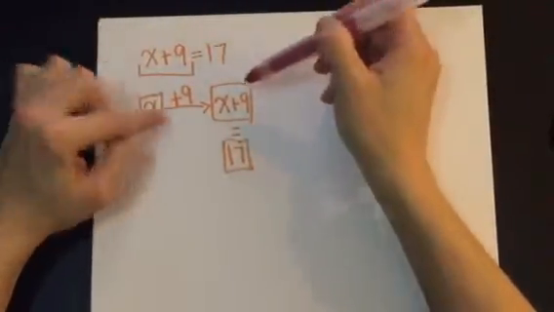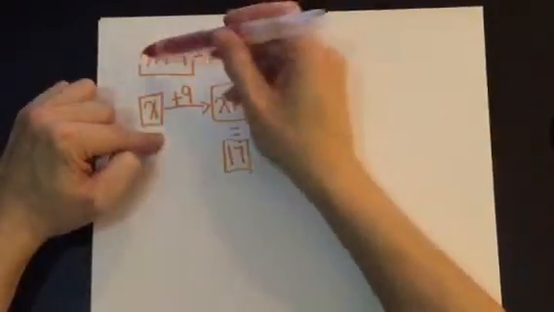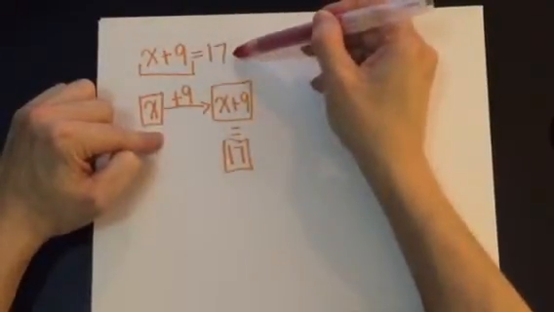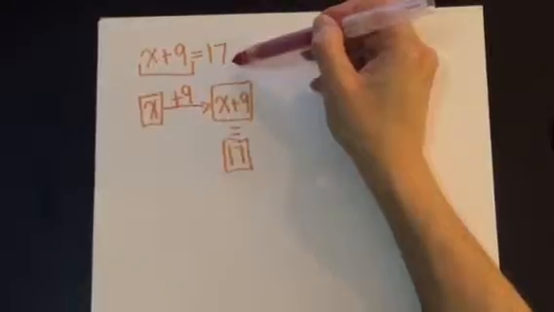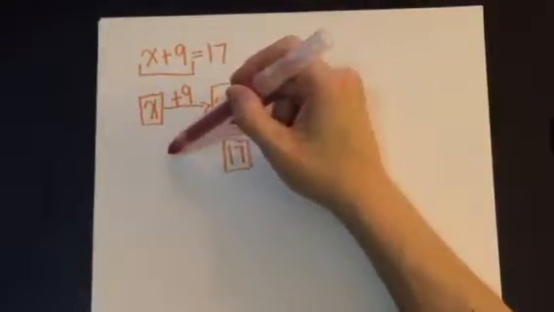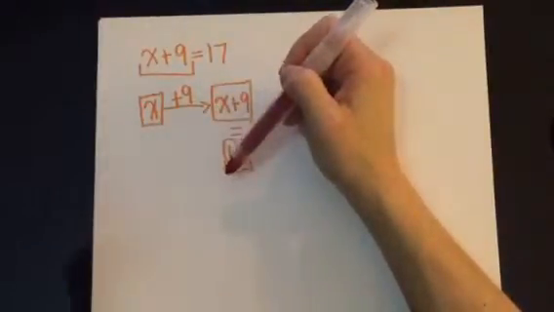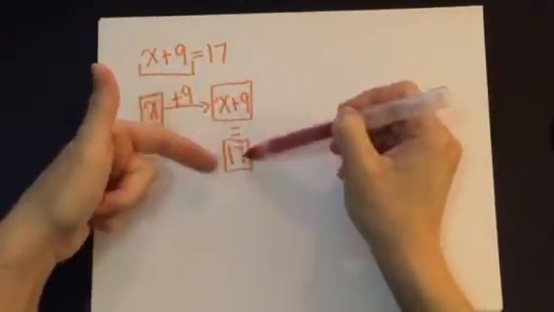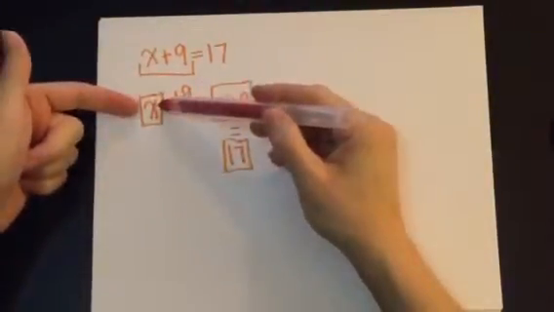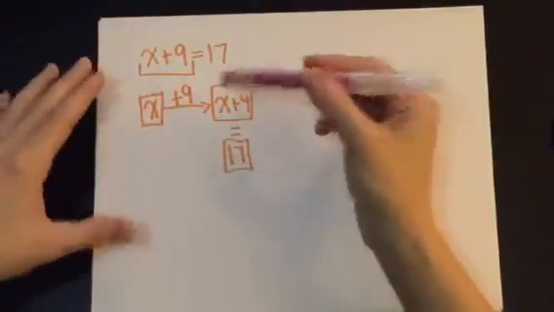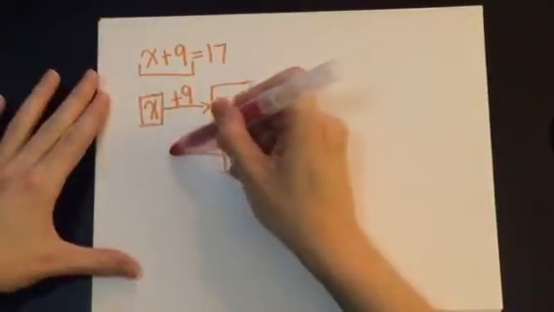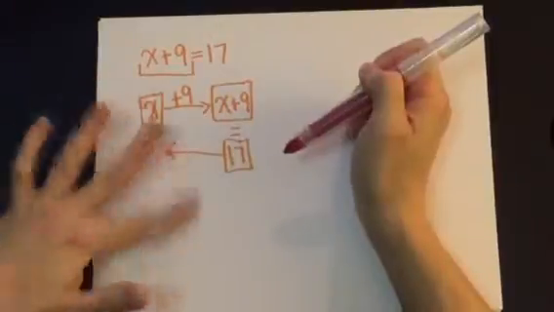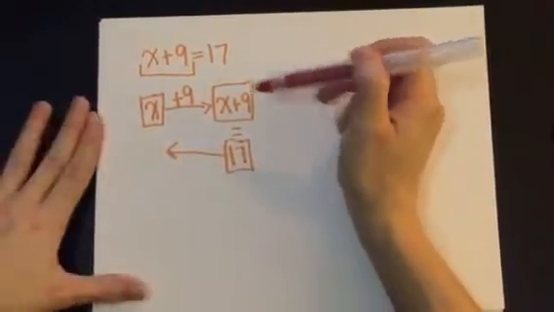So right here we have the equation. We finished building it. We're going to go backwards now and take it apart. We're going to undo it. We're going to figure out, x plus 9 equals 17, what does x equal? So we go backwards and take it apart, just like Legos.